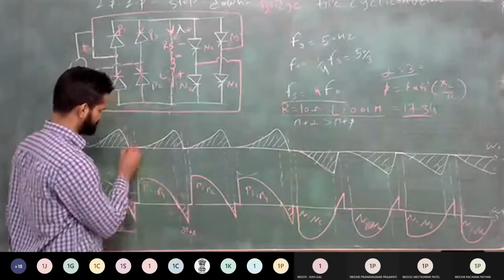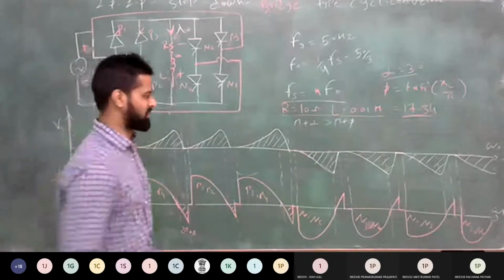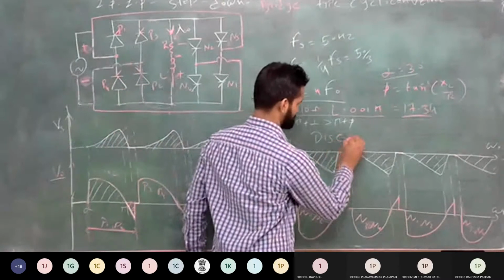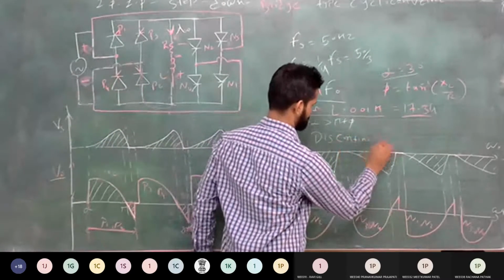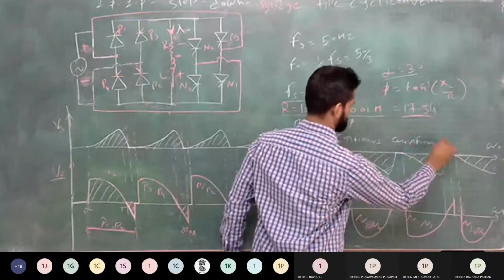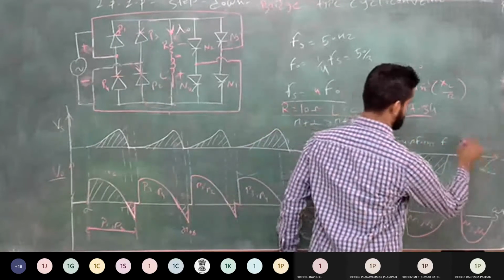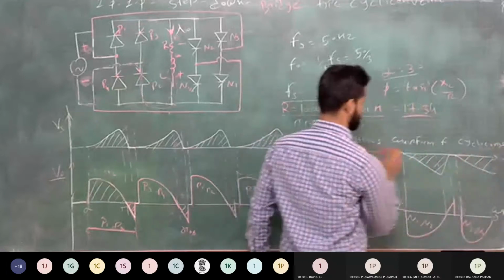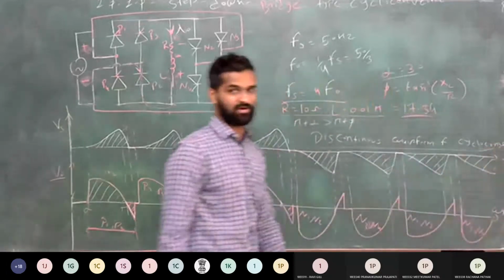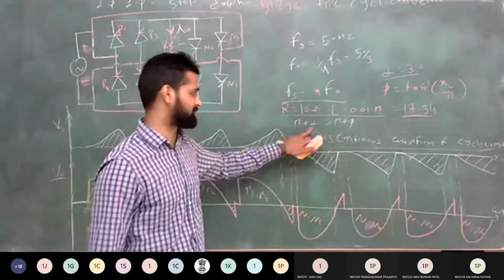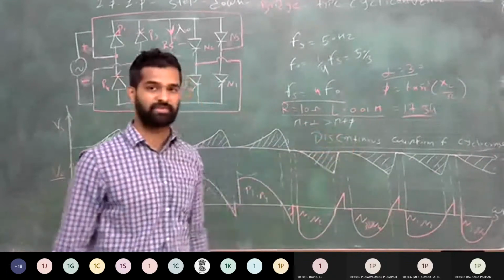That's why it is called the discontinuous waveform of the cycloconverter. The discontinuous waveform occurs when pi plus alpha is greater than pi plus phi.